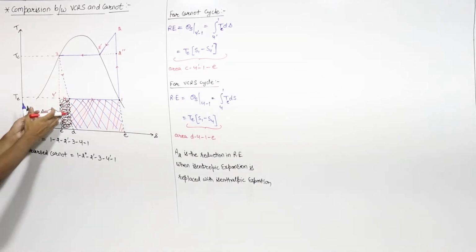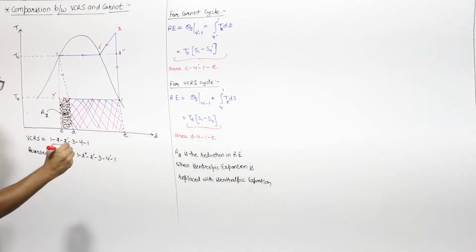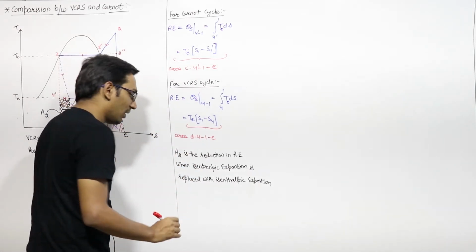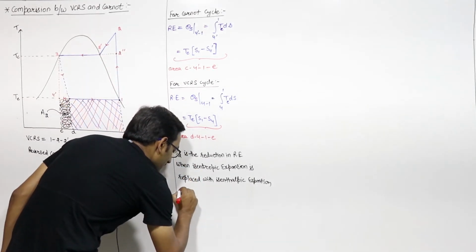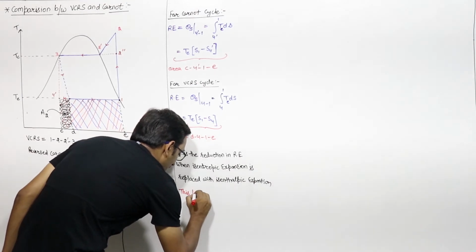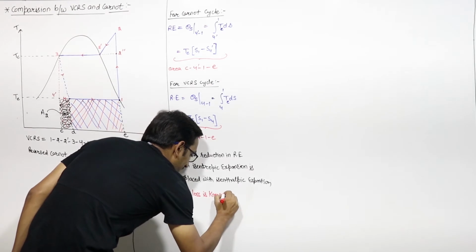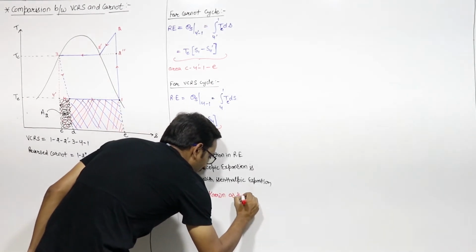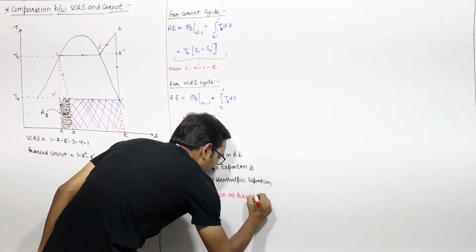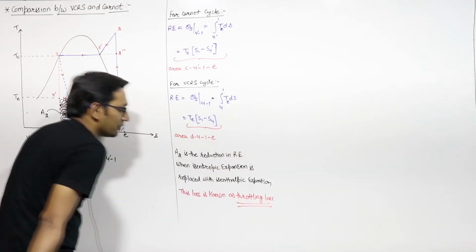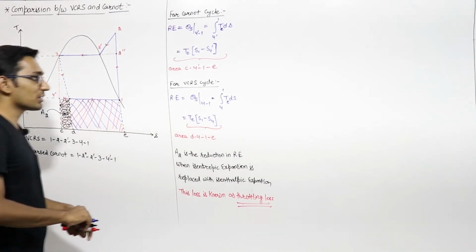This loss in the refrigeration effect is known as the throttling loss. So this area A2 is the throttling loss.